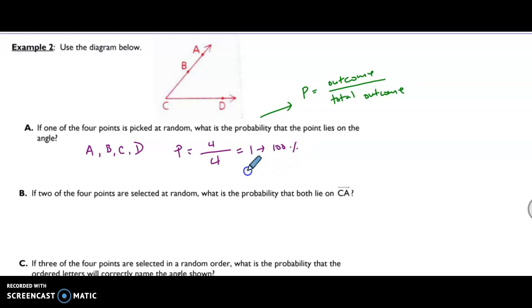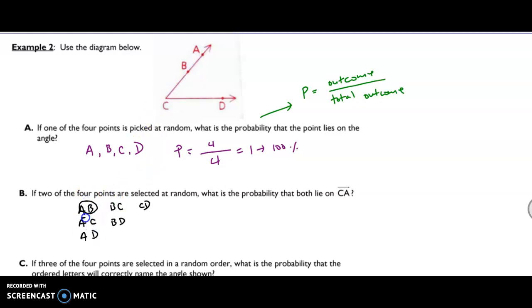Okay. For part B, it says if 2 of the 4 points are selected at random, what's the probability that both lie on CA? Okay. So here are all of the combinations of 2 points, right? I wrote it here for you, okay? But it says if 2 of the points are selected at random, what is the probability that both lie on CA? Okay, so on CA. And so I think there's 3 of those, right? AB, right?